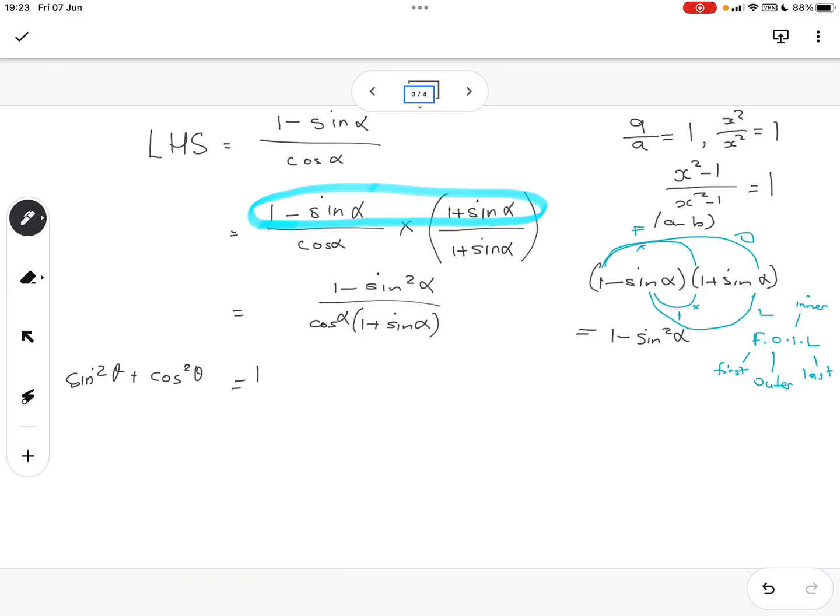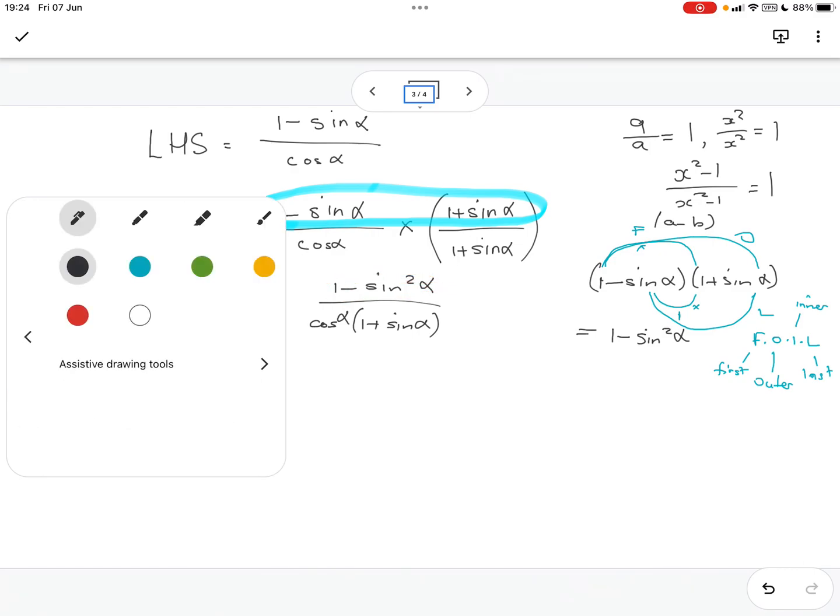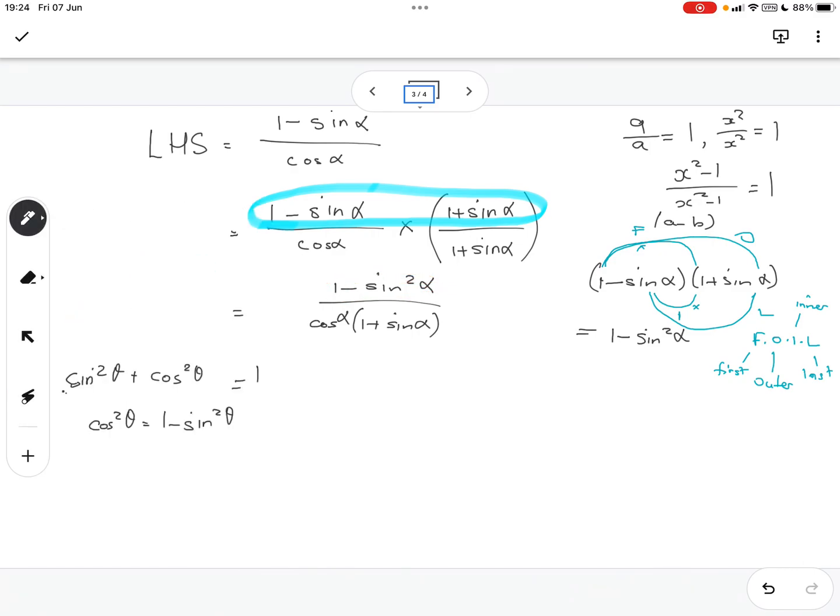And if you recall correctly, sine squared theta plus cos squared theta is the square identity and it equals 1. Also we can manipulate this expression to have cos squared theta equals 1 minus sine squared theta.